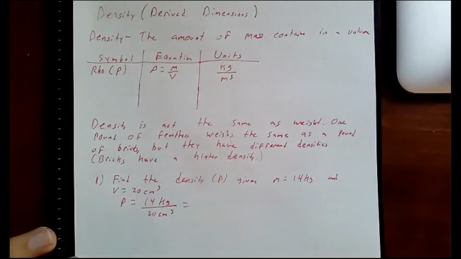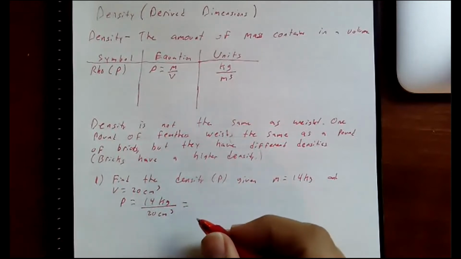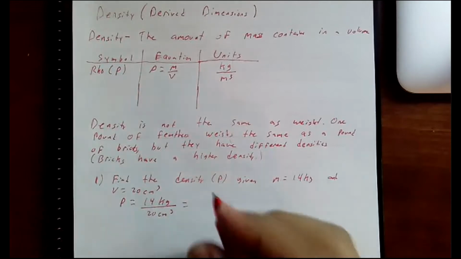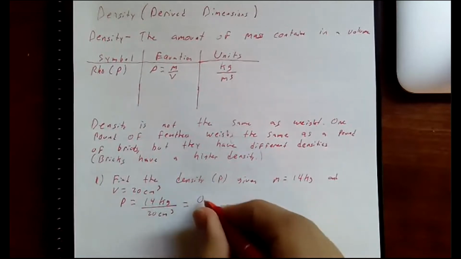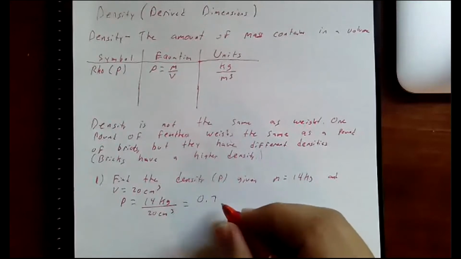All right, so that will be, let's see what the decimal will be, right? It'll be 7/10. Yeah, so technically we have 0.7 kilograms per centimeters cubed.